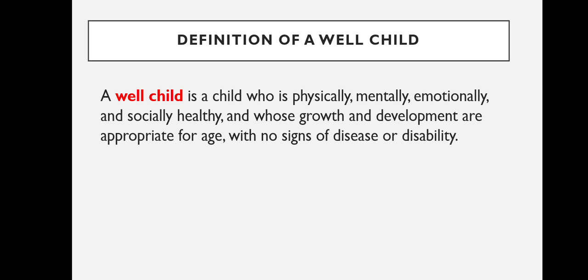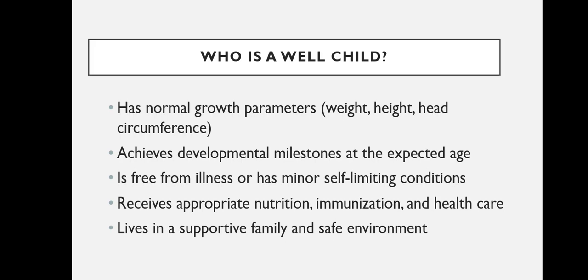Now that we've looked at who the well child is, which is the definition of a well child, we want to look at some noted parameters that define the well child. A well child has normal growth parameters: weight, height, and head circumference. These things should be normal.